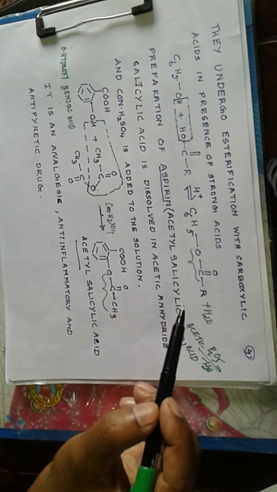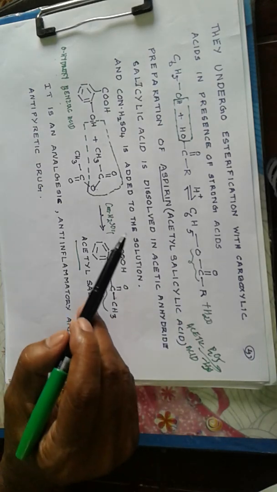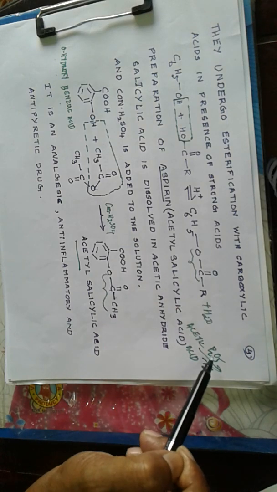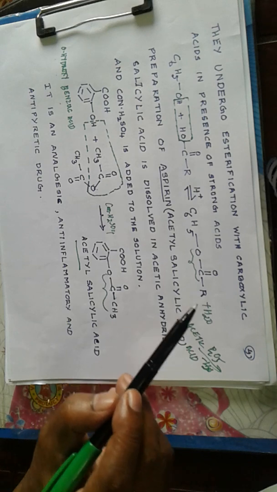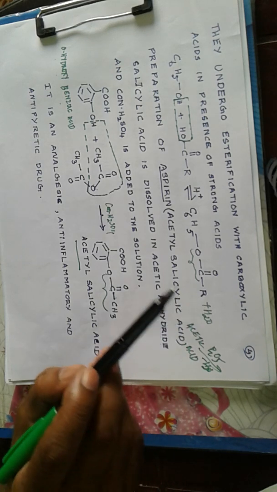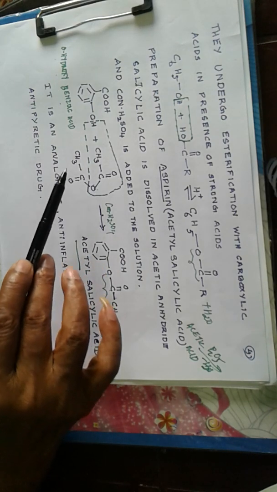Now acetic anhydride is obtained by reacting acetic acid with phosphorus pentoxide, so that two molecules of acetic acid eliminate a molecule of water and form CH3COOCOCH3.